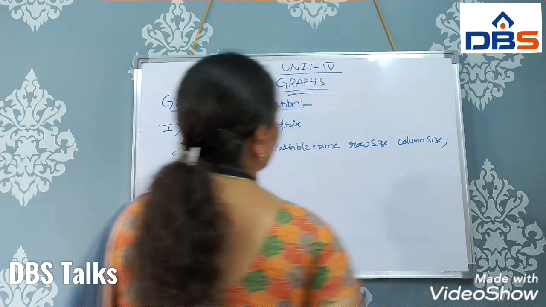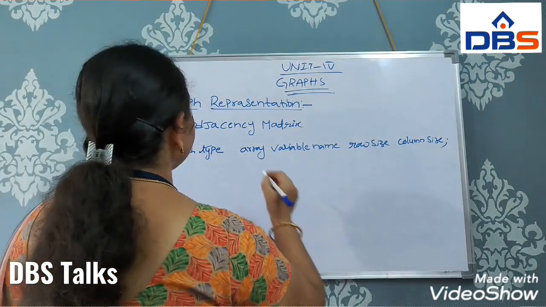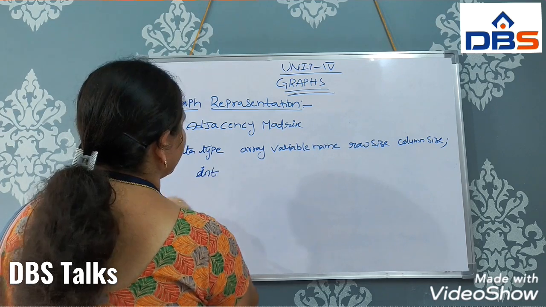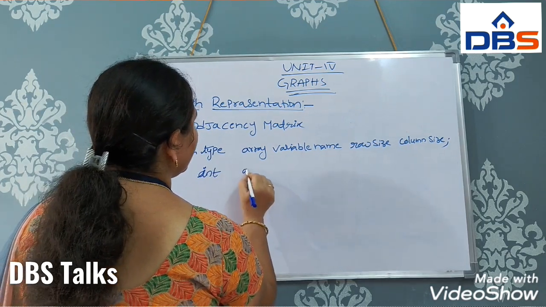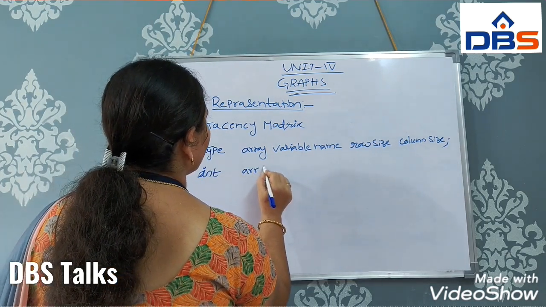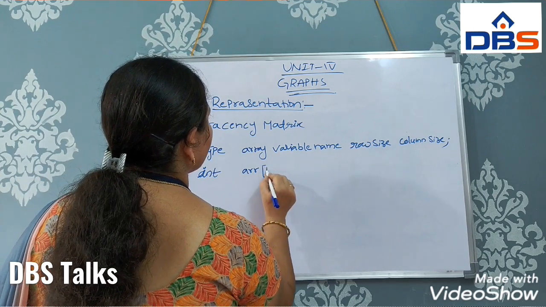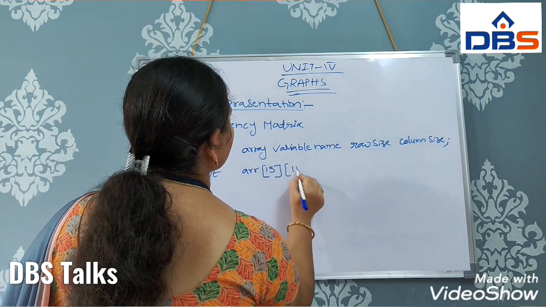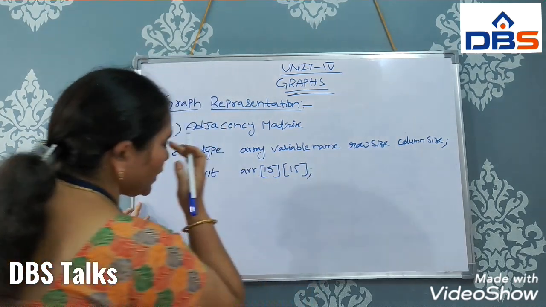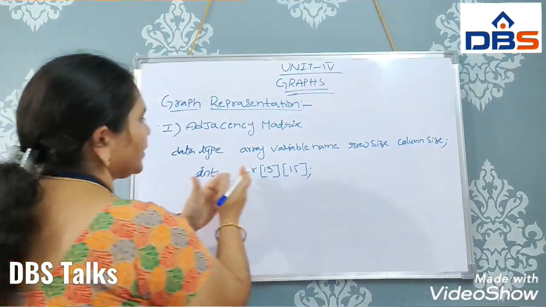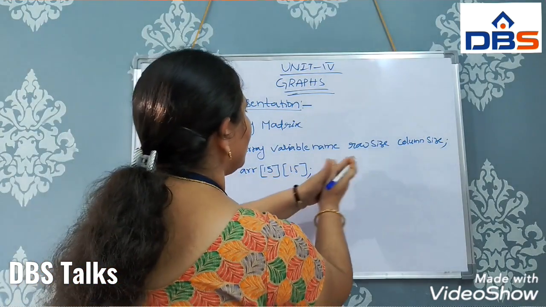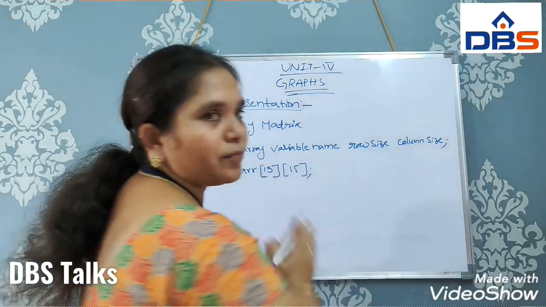For example, suppose I am using the integer data type. The keyword is int, ARR of 15, 50. What is the meaning of this? This is the data type. ARR is the array variable name. This is the row size and this is the column size.